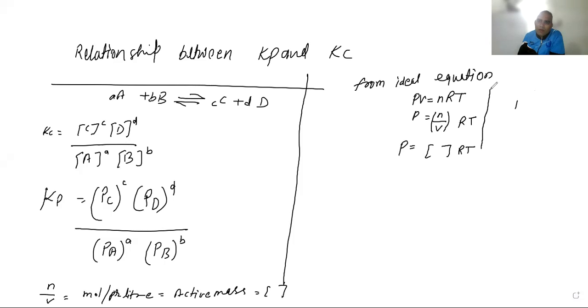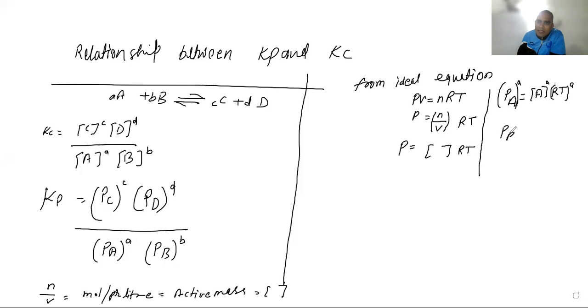How are we doing this? Suppose we are talking about PA. What can we write? We can write A in square bracket and RT will be there. But here the power is also there. In case of PA there is a power, so it will be power here and RT also will take the power.